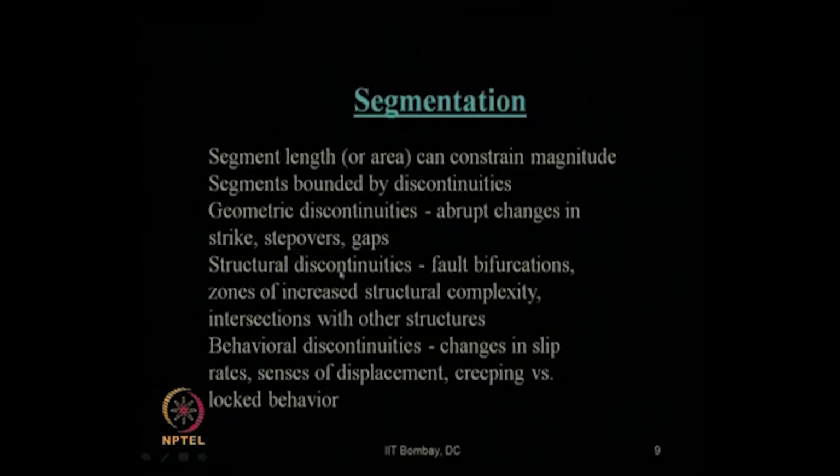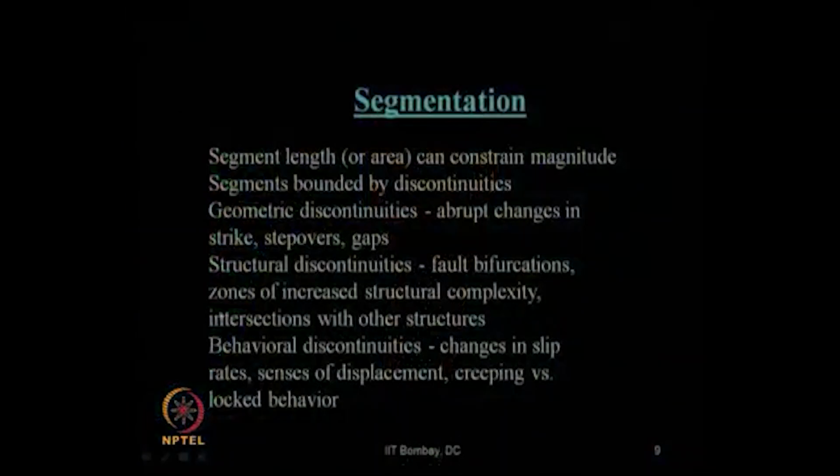Then structural discontinuities of these segments, like fault bifurcation: suppose a fault was going in a particular direction, then there is a bifurcation, and from that fault another sub fault or sub rupture has been formed. So, that bifurcation, that segment also needs to be taken care of.